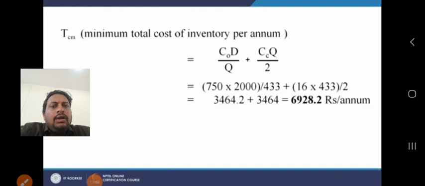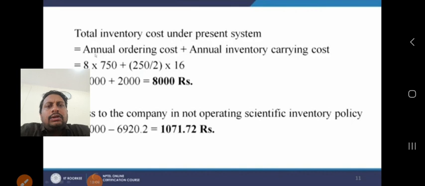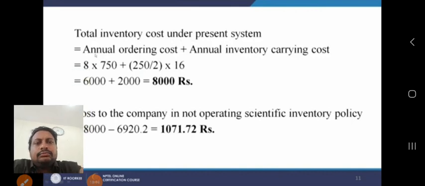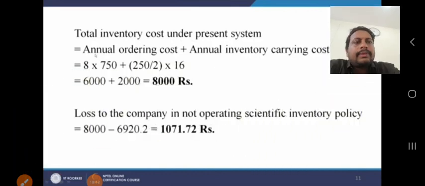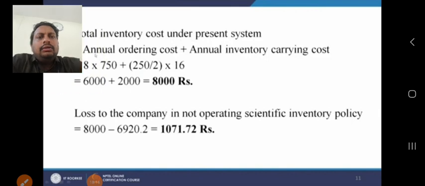Now we solve for the present system, where the scientific EOQ model is not followed. What is the total inventory cost under the present system?